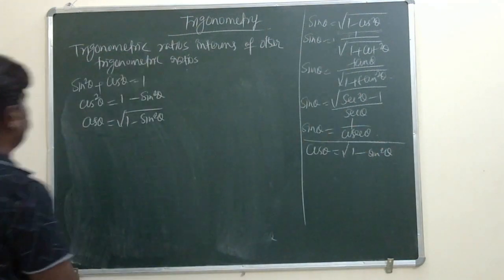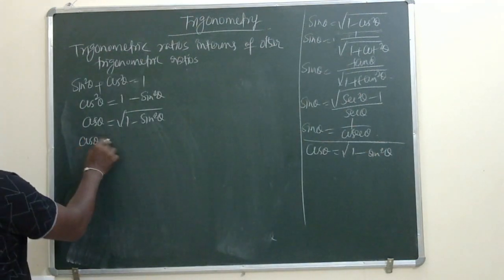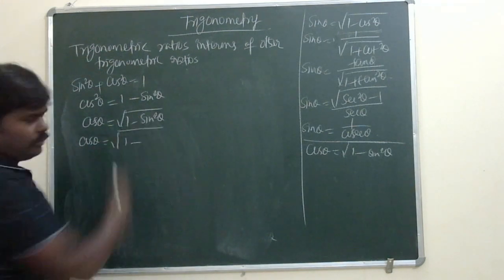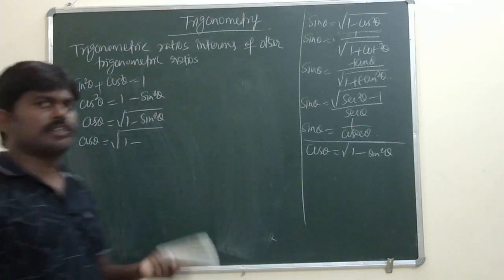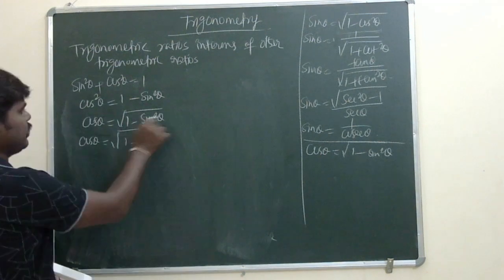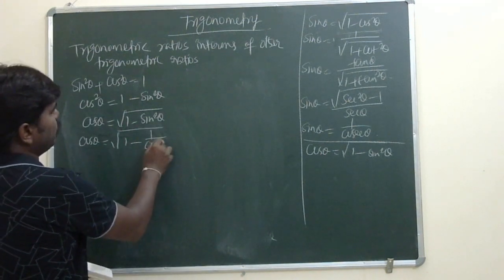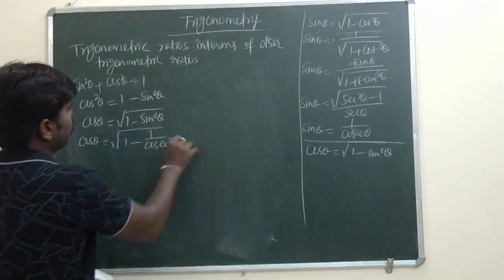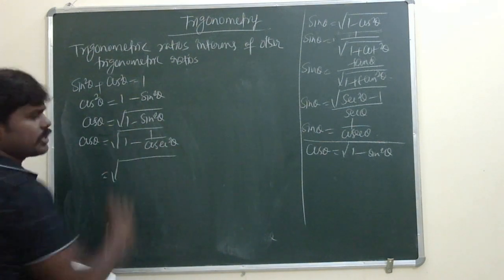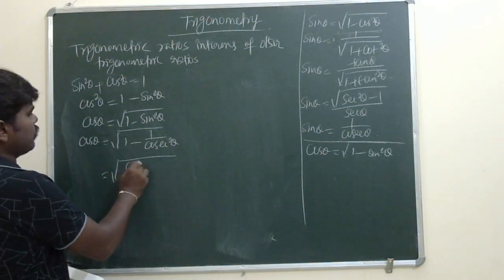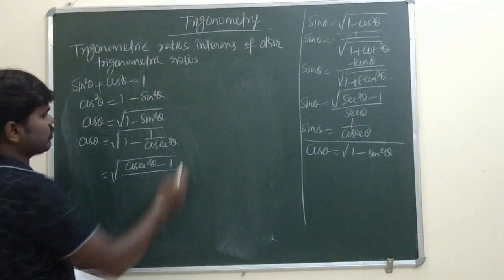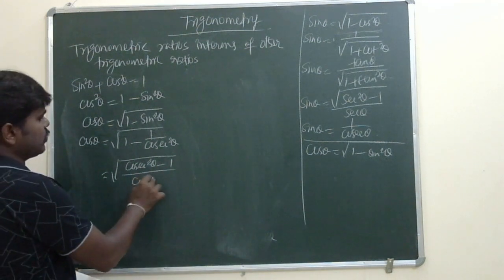Okay, now next. Sin theta and cosecant theta are reciprocals of each other, so sin square theta I am writing as 1 by cosecant square theta. Here cosecant square theta is the LCM. After taking cosecant square theta as LCM, you will get cosecant square theta minus 1 divided by cosecant square theta.